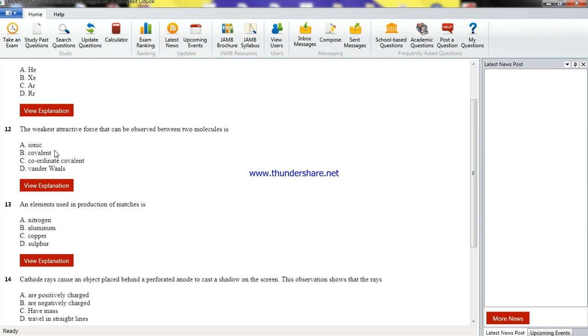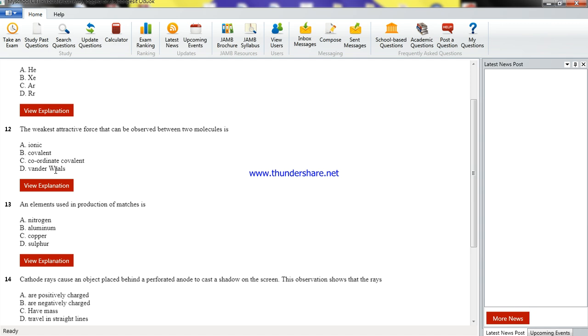Then you come to covalent. Covalent compounds occur by sharing of electrons, like chlorine gas. Coordinate covalent is a covalent bond where one atom donated an extra electron, for example, the ammonium ion. Then van der Waals force is the answer.